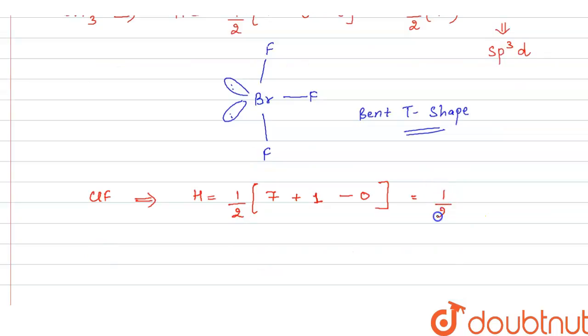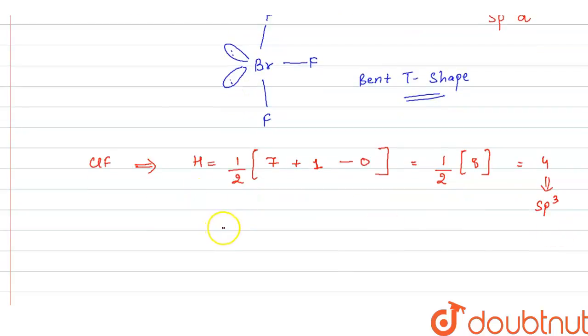So here we get half into 7 plus 1, which is 8. So 8 by 2 will be equal to 4. So here hybridization is sp3. You can take either chlorine or fluorine as the central atom. If we take chlorine, it means we have one fluorine and there will be 3 lone pairs. You can show it like this, right?